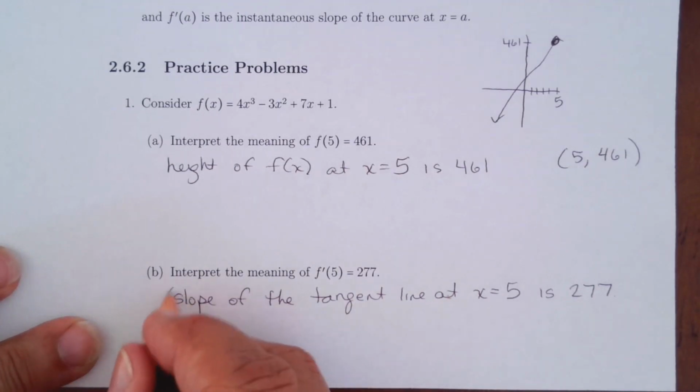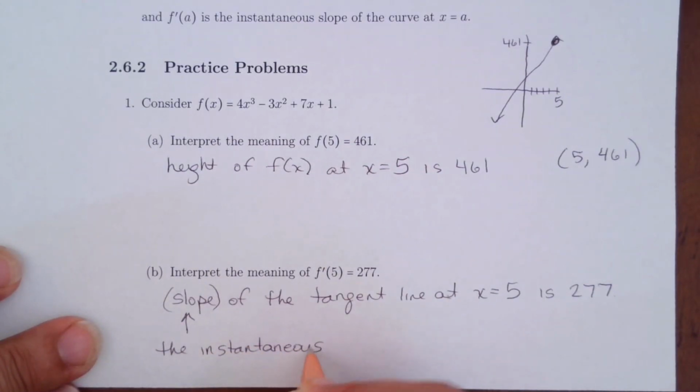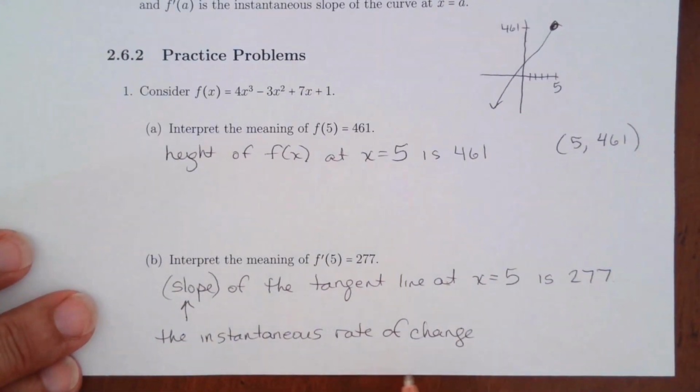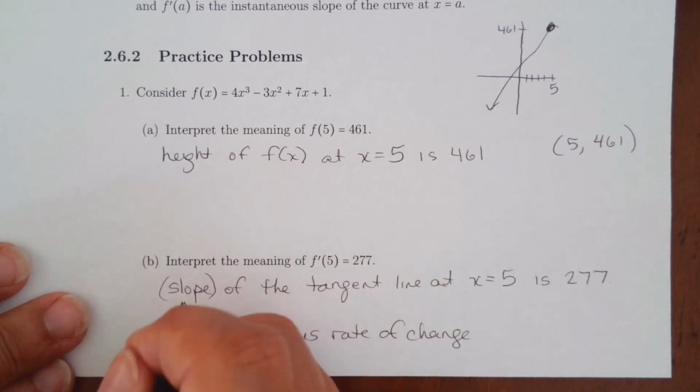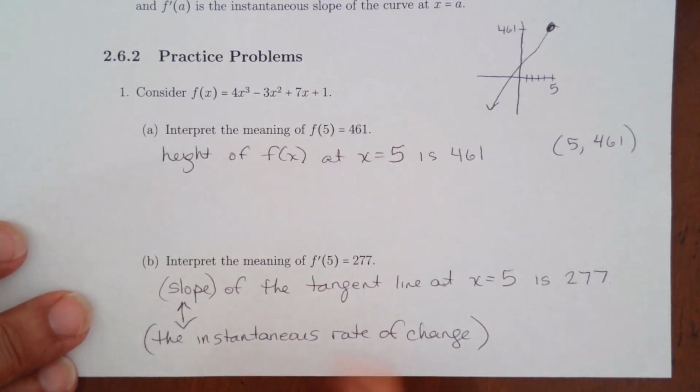And you can replace slope with the instantaneous rate of change. So same thing: the instantaneous rate of change of the tangent line at x equals 5 is 277. Those mean the same thing, so you can write it either way. Just make sure you understand those are the same thing.